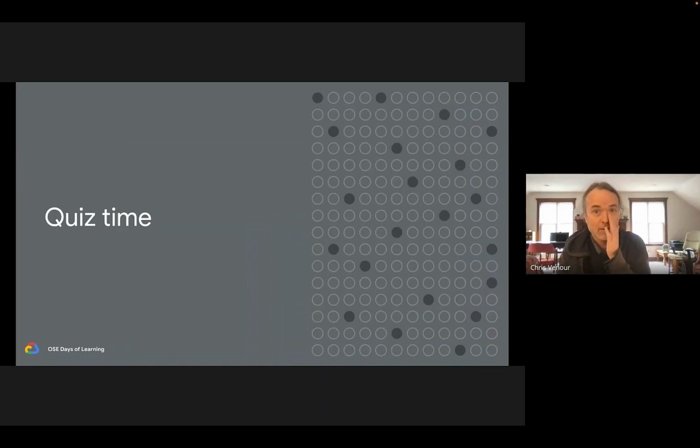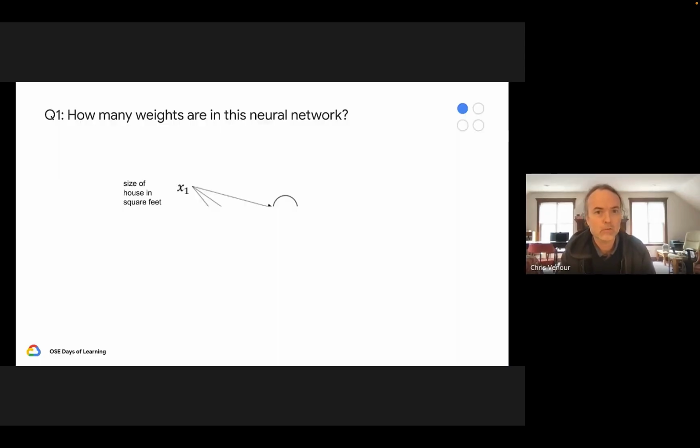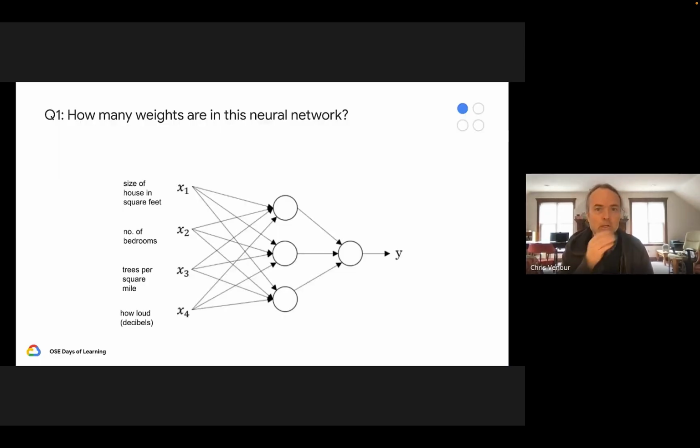Okay, so I went through a lot of information there, so let's just pause for a bit and go through some questions. So the first question I have is, how many weights are in this neural network? And I'll give you like half a minute or so to think about that.